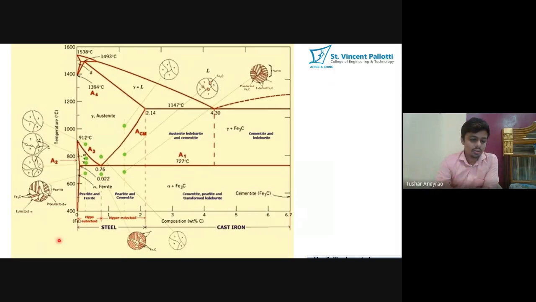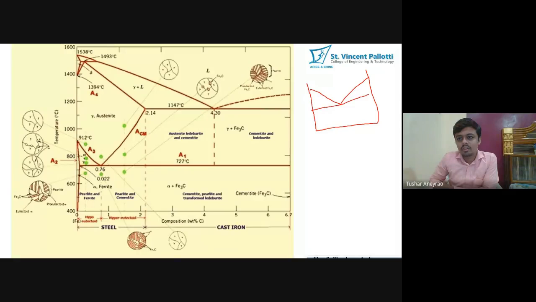Now, let us try to come out of all the confusions. At this time, my orientation of the diagram is going to change. Please pardon me for that. This is a normal eutectic diagram.